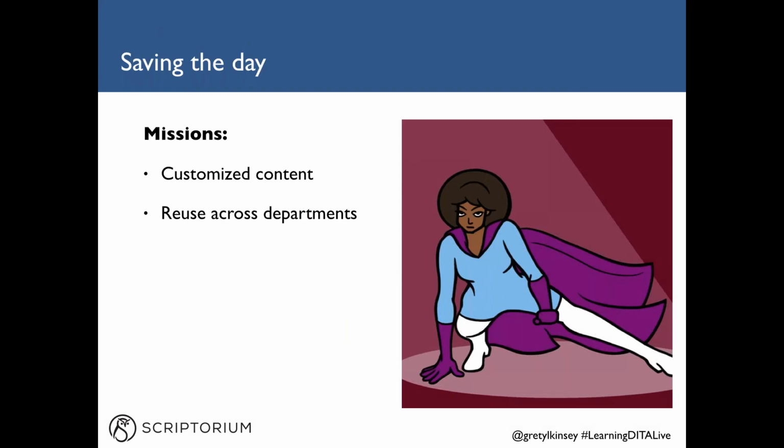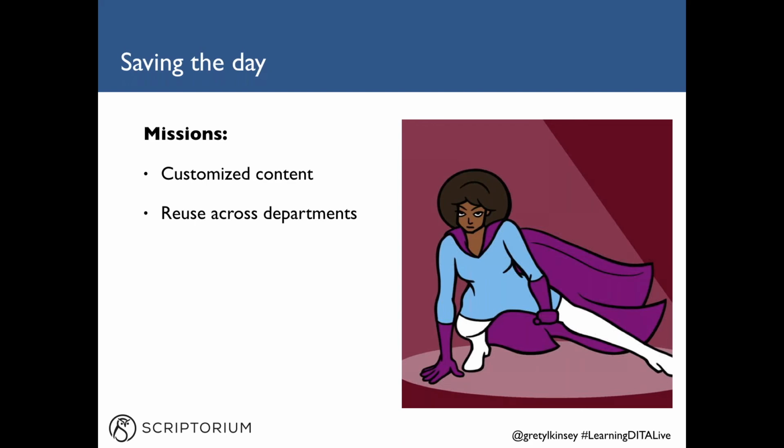When it comes to these advanced conrefs we've just talked about, conkeyrefs and conref push, what are some situations where you might call on one of them to save the day? One case is when you have customized content where maybe the bulk of it is the same, but then you've got some additions here and there that apply to each specific segment of your audience that you're delivering your content to.